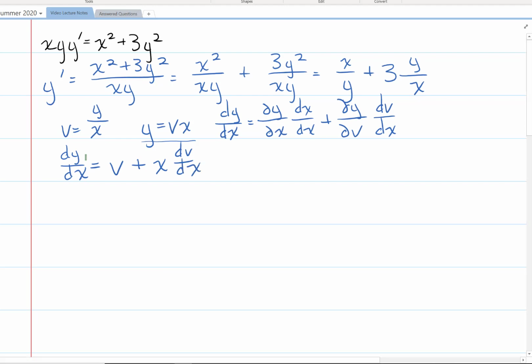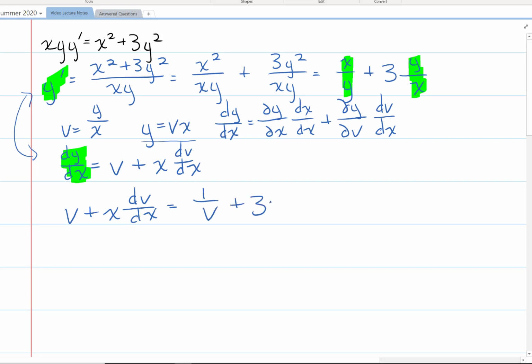Like we said, once we find dy dx, we're going to plug it in right there, as well as make our substitutions for these. So when we do that, we end up with v plus x dv dx. That's our substitution for dy dx or y prime, equals, now remember, we let v equal y over x, so this first term is 1 over v plus 3v.